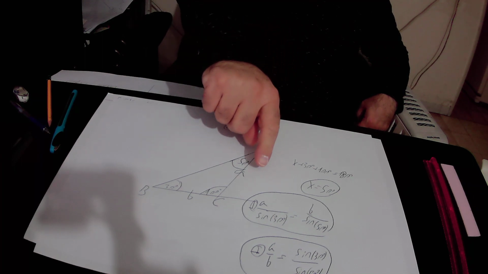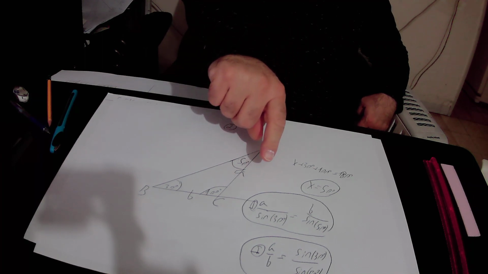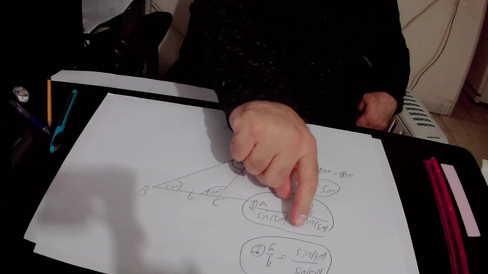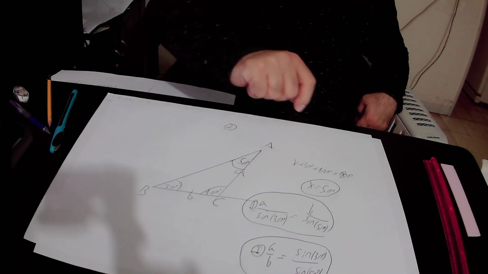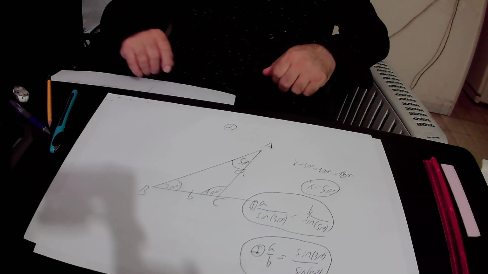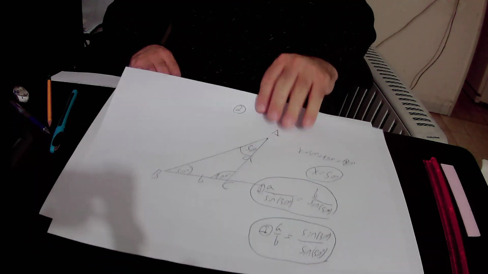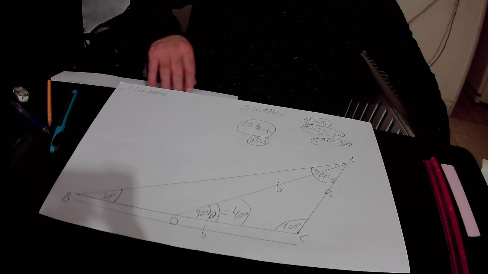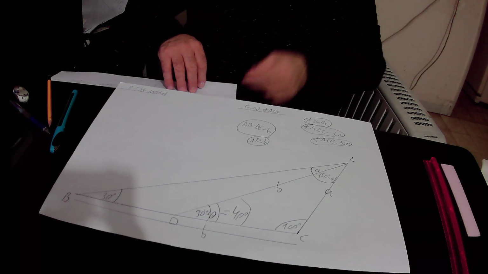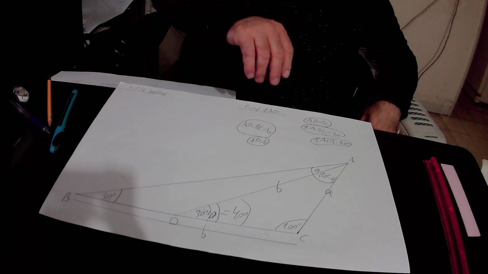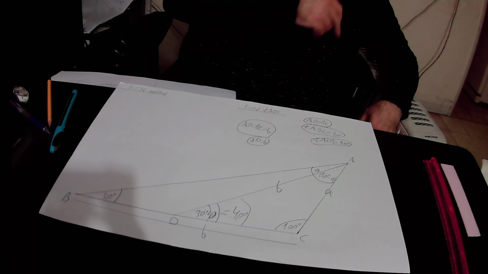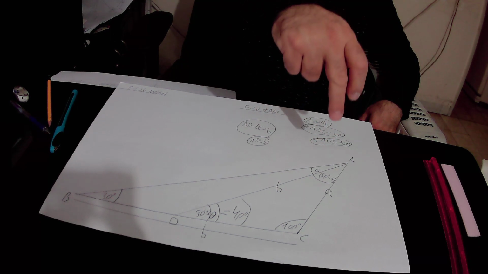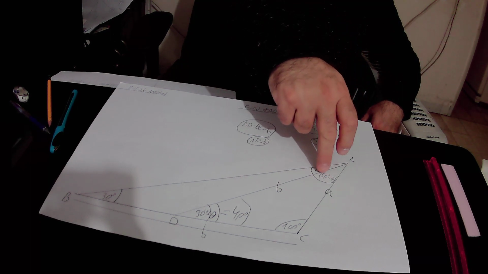Here we divided equation number 1 by B, and then we multiplied by sine 30 degrees, and we got that A over B equals sine 30 degrees over sine 50 degrees. Then we focused on triangle ADC, but before that we had already found out that angle BAC equals 50 degrees.